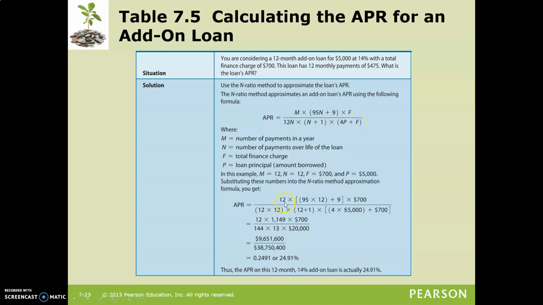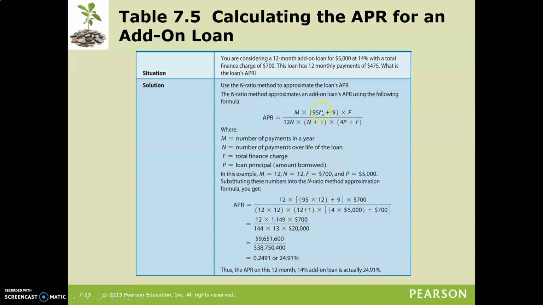So 12 is the number of payments in a year, times 95, times 12.